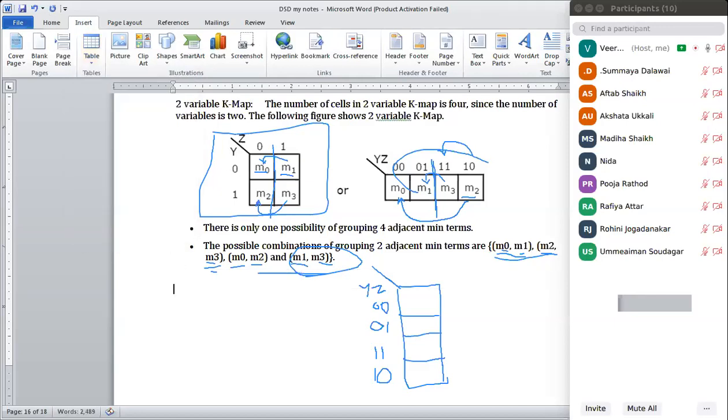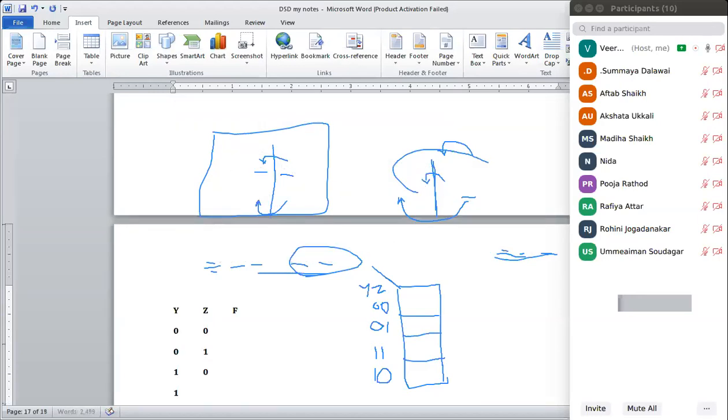Now tell me, I have Y, Z. Now the output is some function f. 0 0, 0 1, 1 1, 1 0.